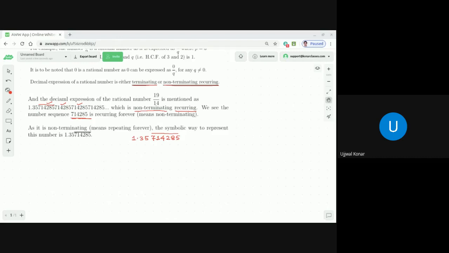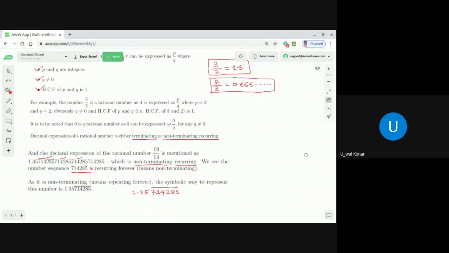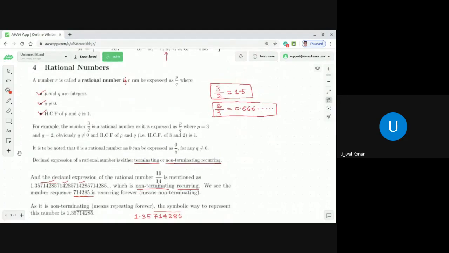So before that, I wish you to have a quick look into whatever we have discussed so far, about the rational numbers and what its decimal expansion is: that it terminates, and if it is non-terminating, it is recurring.